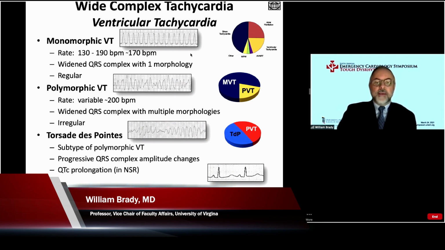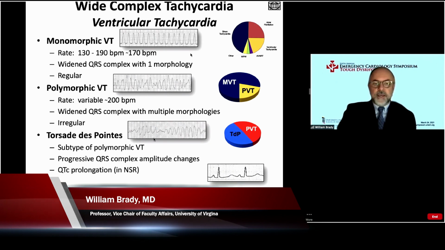Polymorphic VTAC has a much more varied presentation with varying QRS morphologies in any given lead and a more rapid rate. Polymorphic VT represents about 20 to maybe 30% of VT we see in our emergency medical world.